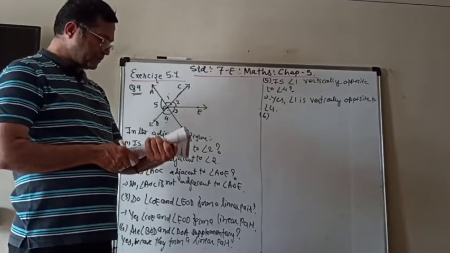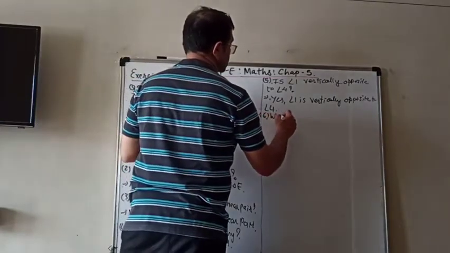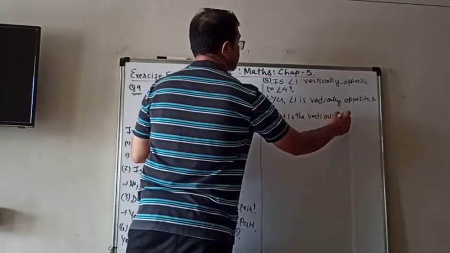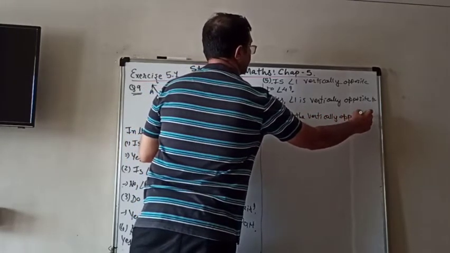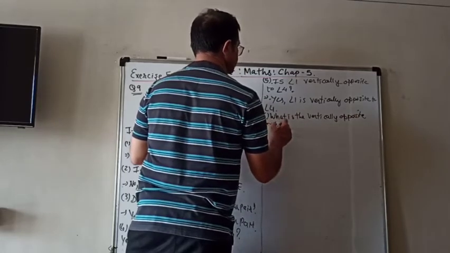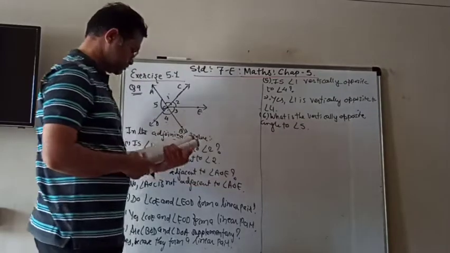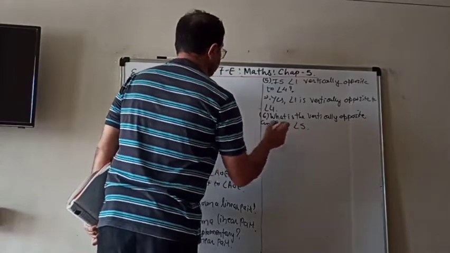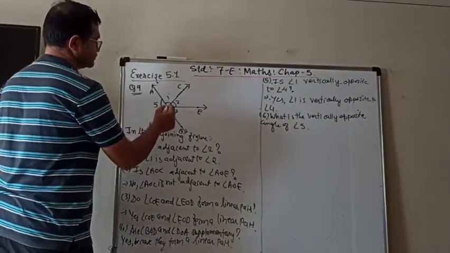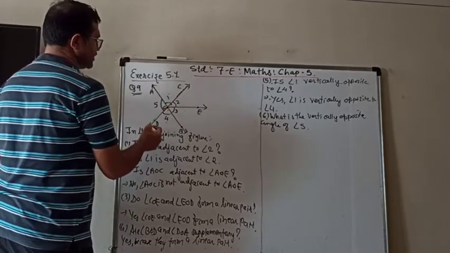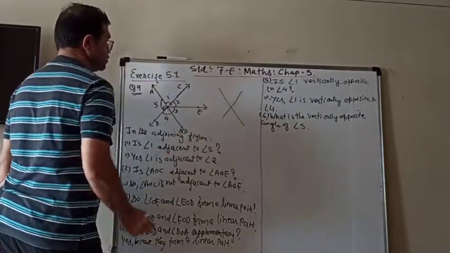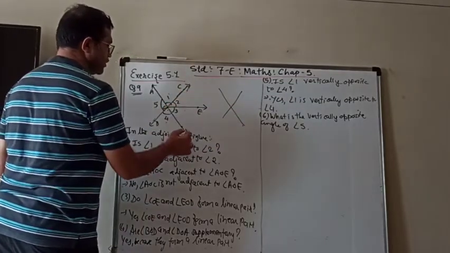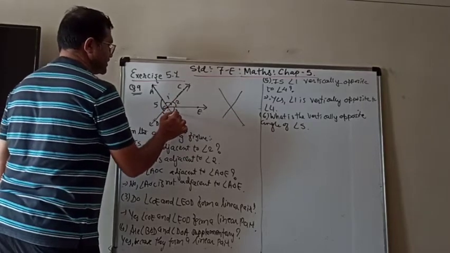Let's see the 6th one. What is the vertically opposite angle of angle 5? Now angle 5 is this one. You can see the whole from here, angle COB, or you can write angle 2 plus angle 3.